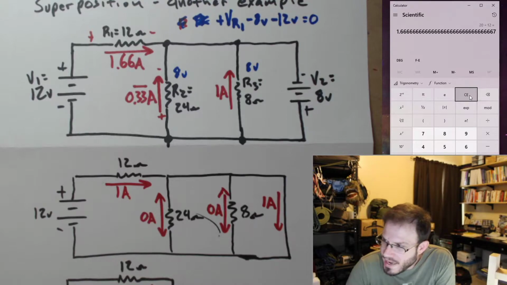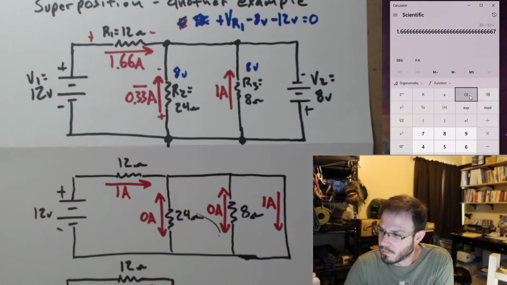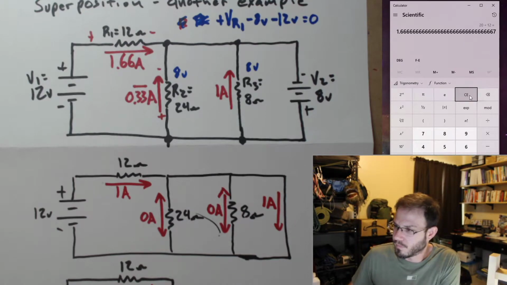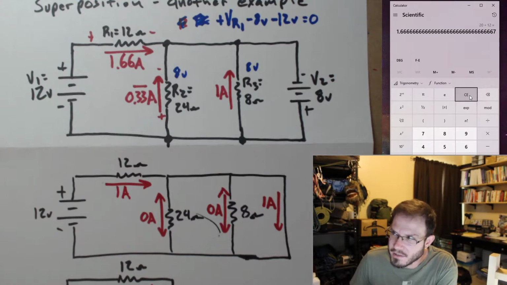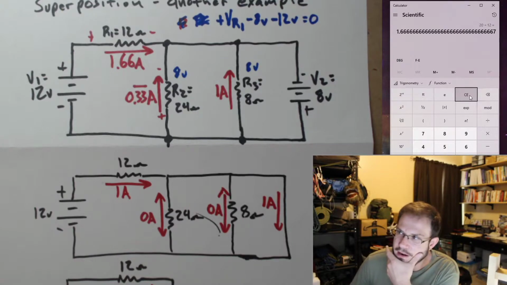So I know we're getting close to our exam. Are we in week 5 right now? Yeah, next week is week 6, right? So I think we're going to be having an exam. I do want to cover Thevenin and Norton circuits before we get to the first exam.